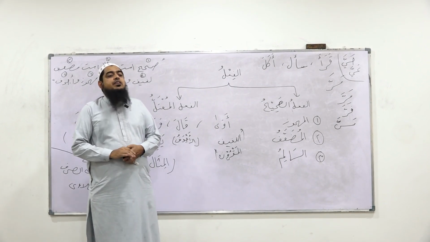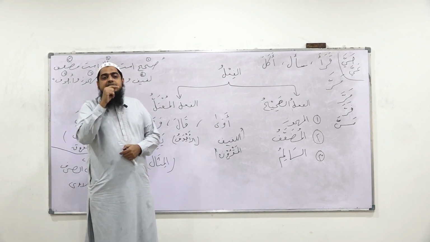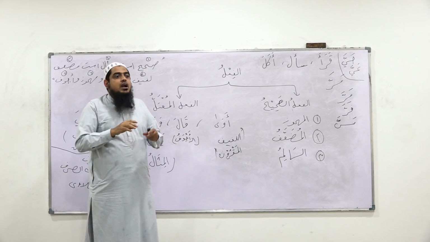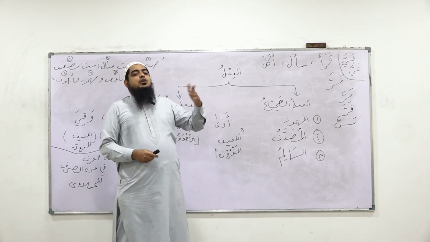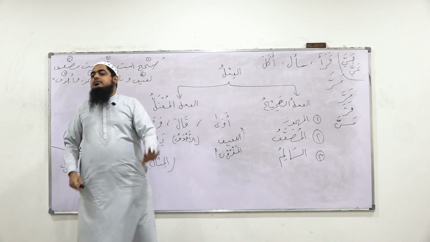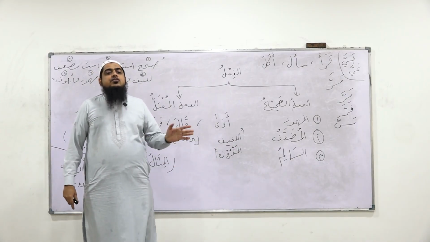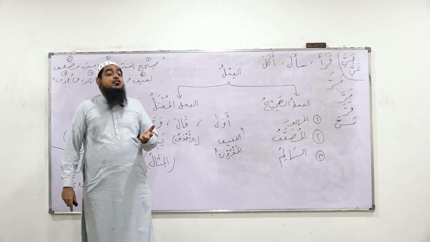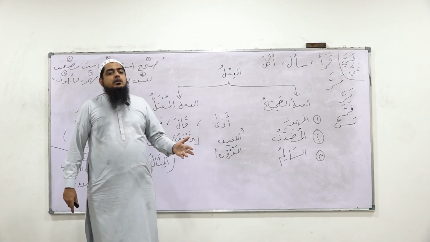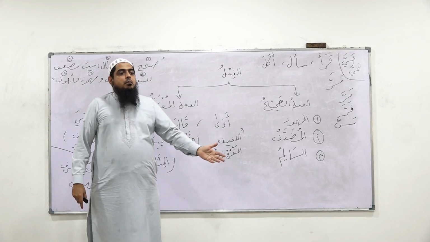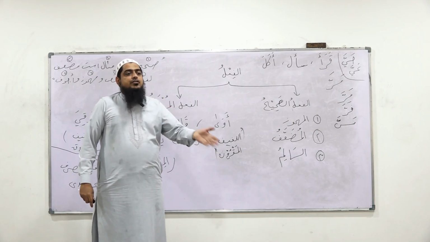You can't conjugate it. The hayya in the adhan is ismul fi'l. You can't conjugate it. What's the meaning of conjugate? Hayya, hayya, hayyu, yahya. You can't conjugate it. It will look like that. It won't change. That's why they say ismul fi'l. If it is a normal fi'l, you can conjugate: you can extract madi, mudari, amr, nasib, jazim, everything.